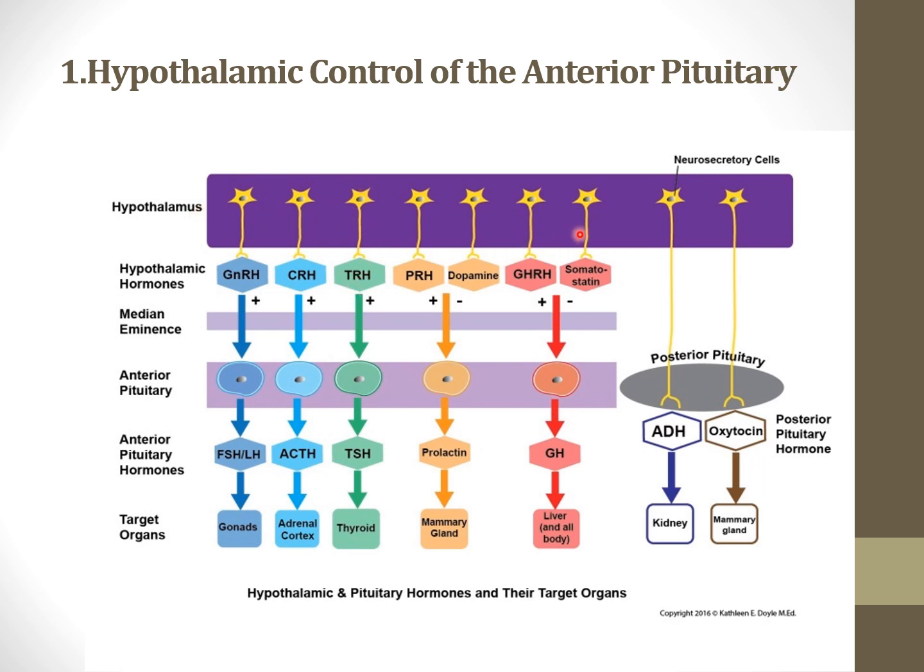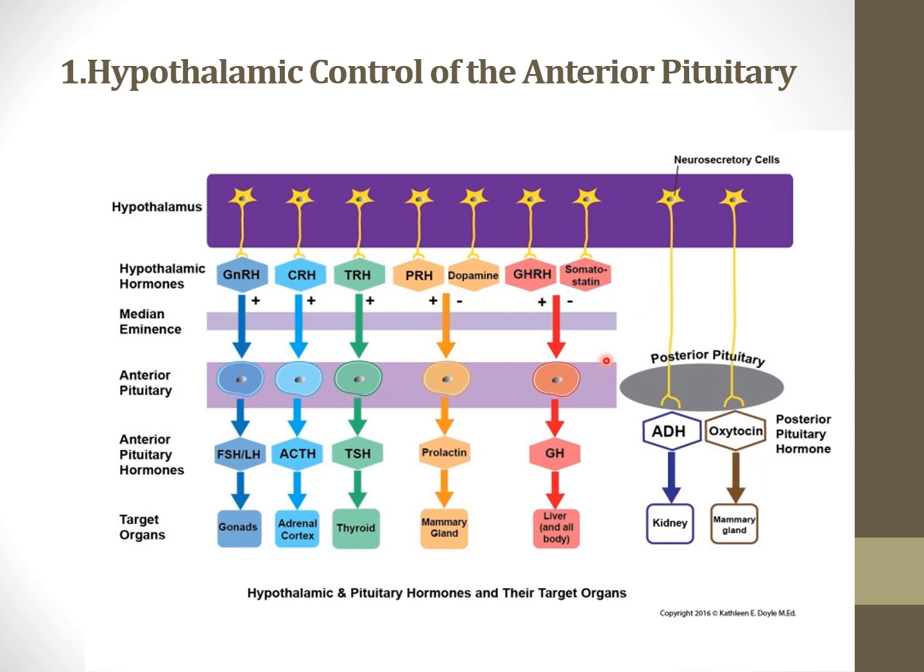These releasing hormones act on the respective cells of the anterior pituitary, which causes the secretion of their respective hormones. So gonadotrophin releasing hormone causes secretion of FSH and LH. Corticotrophin releasing hormone causes secretion of ACTH. Thyroid releasing hormone causes secretion of TSH. Again, prolactin releasing hormone and dopamine act on the secretion of prolactin.